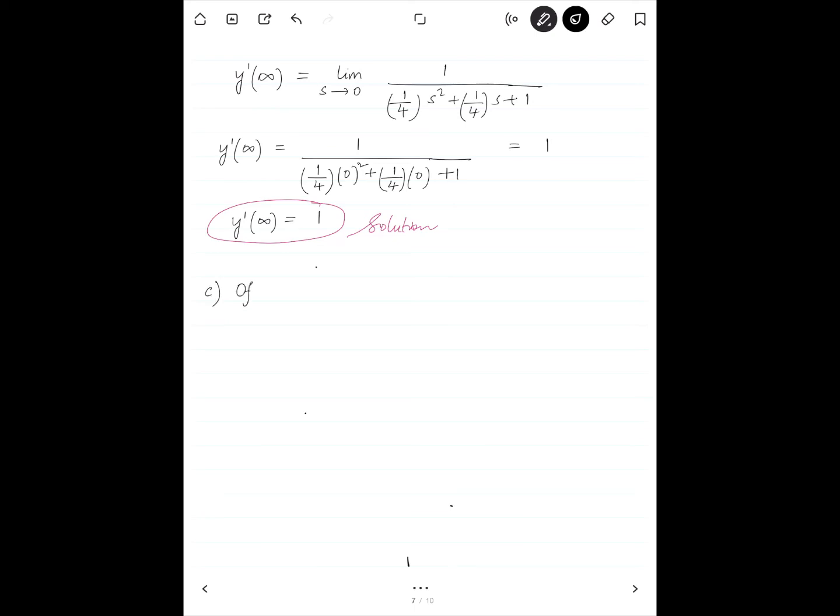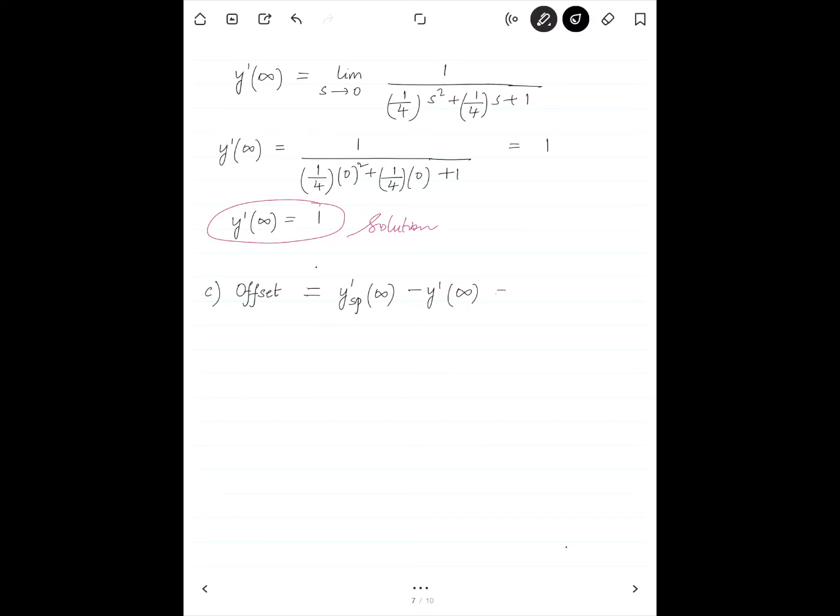Now let us move on to part C. In part C, they ask us the offset. An offset is defined as the difference between the set point and the response at time t equals infinity. And we normally consider it in deviation form, of course. So we have YSP at infinity minus Y at infinity.